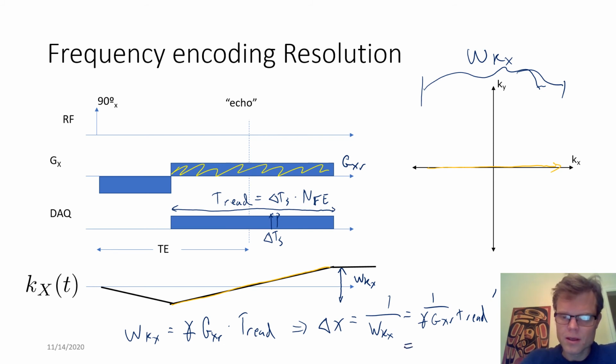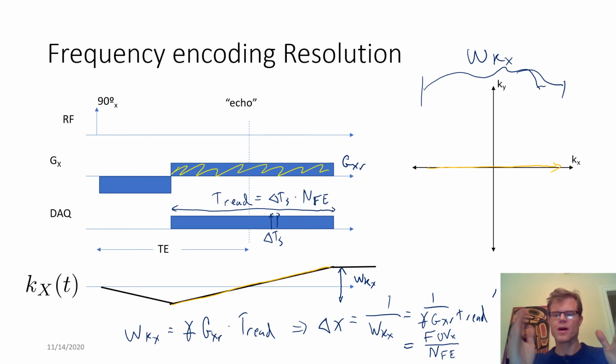And interestingly, you can also rewrite this in terms of the field of view in x divided by the number of frequency encoding points. So this is actually defining our field of view divided up in NFE points, gives our spatial resolution. And if you think about it, this is what we should expect.